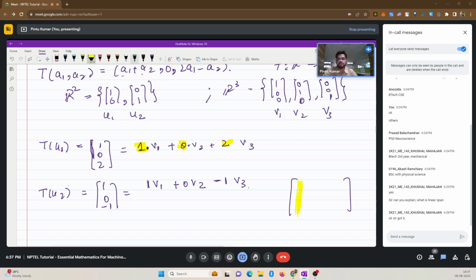So this would be 1 0 2, and the second set of coefficients we'll write as the second column. So what we will obtain is 1, 0, and minus 1. So this is the matrix corresponding to this particular linear transformation.